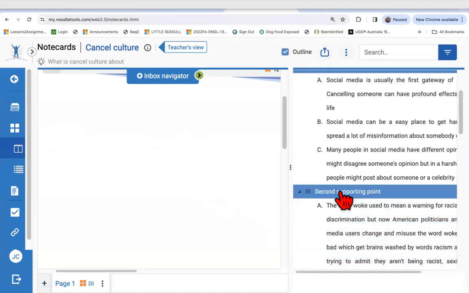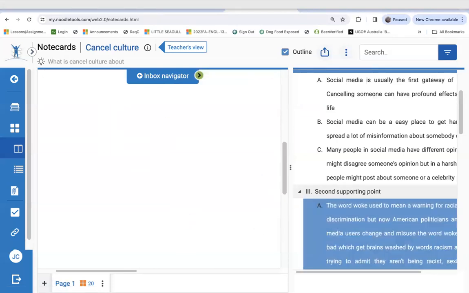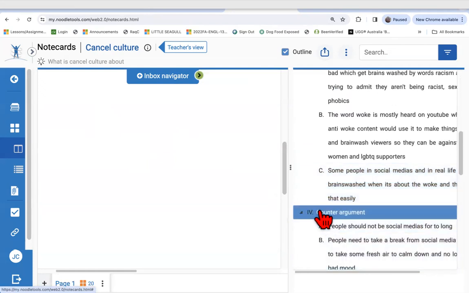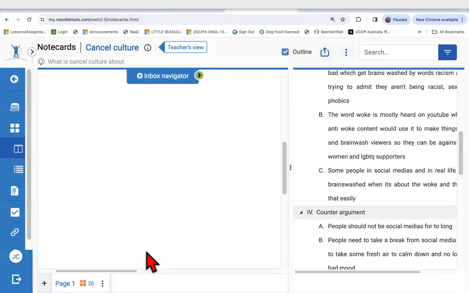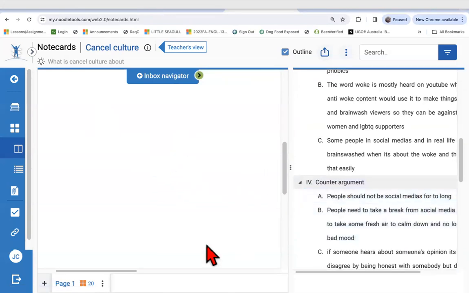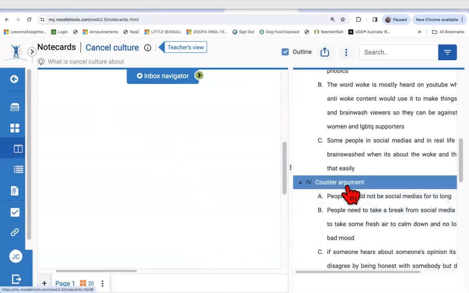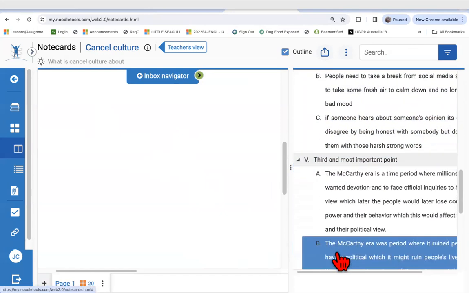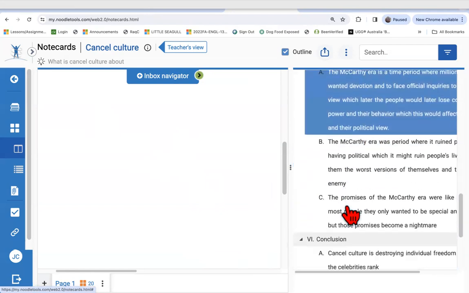Then you're going to look at the cards that I put under there, and you're going to drag all of them under that one. And then you're going to go to your counter argument and go to the parenthesis that shows all of those cards, I think there are 3 that go under there. You're going to drag each one of them over to here, and it will pop up down here, but it won't have an A, B, or C. You're going to do the same thing with this.